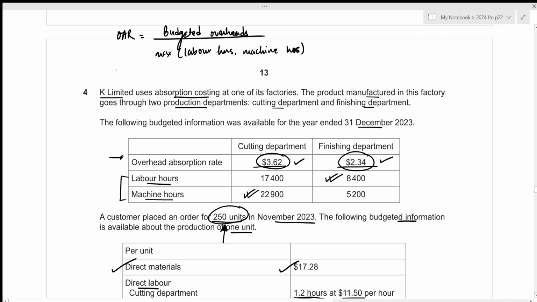So in order to get our budgeted overheads, we just need to multiply the overhead absorption rate by the basis hours.